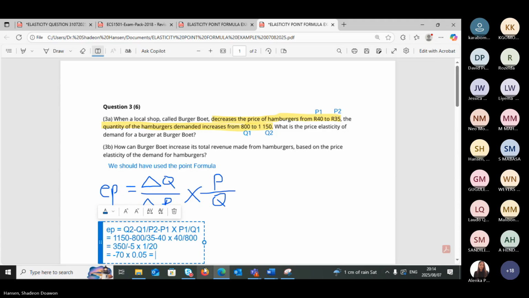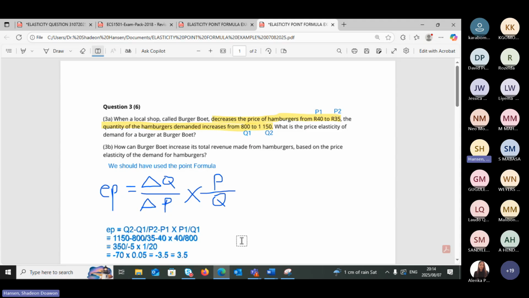We got negative 3.5. That is absolutely correct. Did we follow the protocol? Sure, we did. And of course, remember when calculating elasticity, your answer will always be negative, but we use the positive answer. And our elasticity is now equal to 3.5, right?